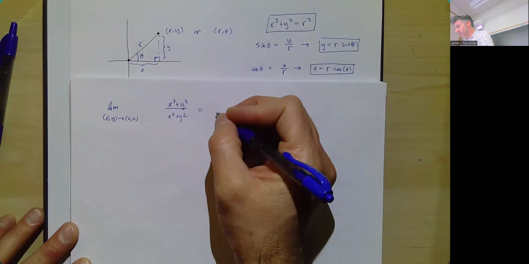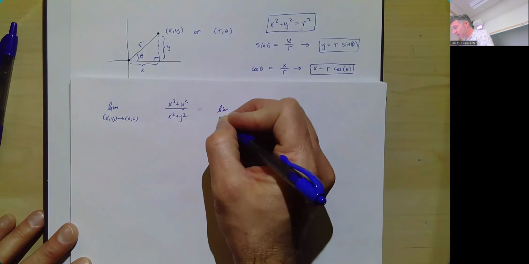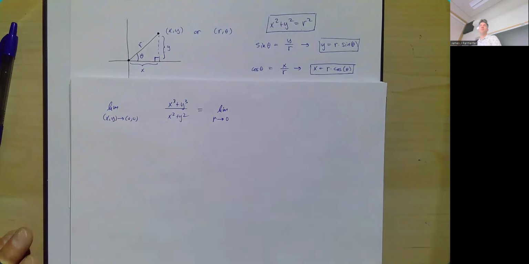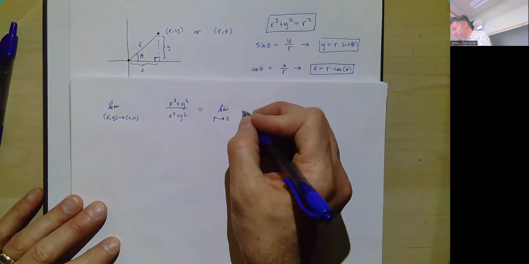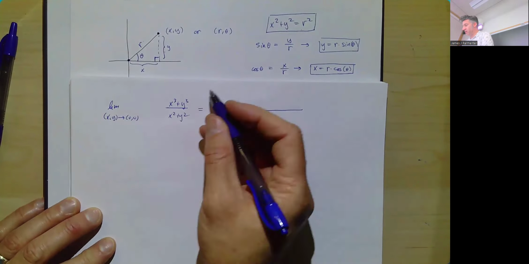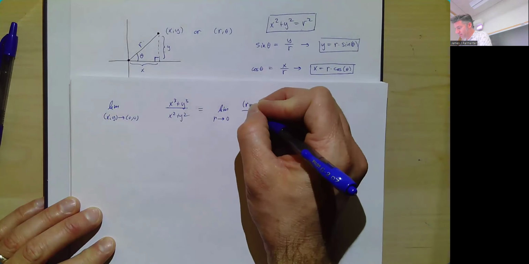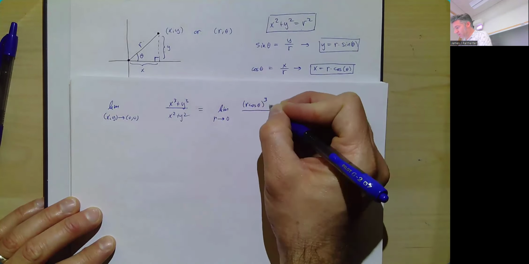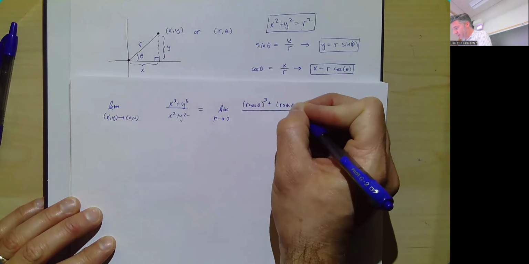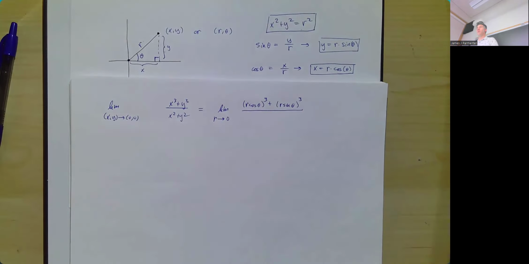So here we're going to rewrite this as the limit as r approaches 0. In the numerator, we replace x with r cosine theta and y with r sine theta. And personally, if I see exactly x squared plus y squared, I'm just going to replace that with r squared.